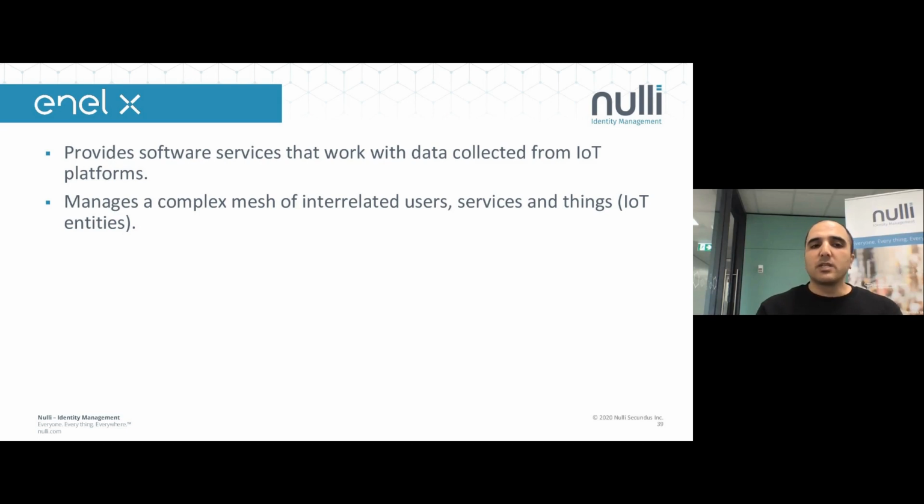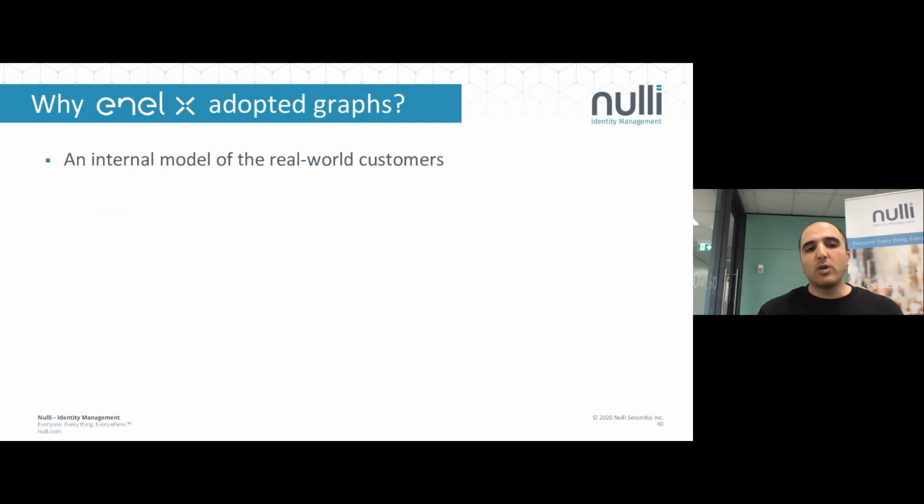And for that reason, they need to actually manage a complex mesh of interrelated users, services, and also IoT devices and things. Now the question is, why did NLX start using graphs and Neo4j in the first place? Based on what I explained earlier, NLX is now dealing with lots of devices that are connected, and they need to maintain a real model of the real-world customers.